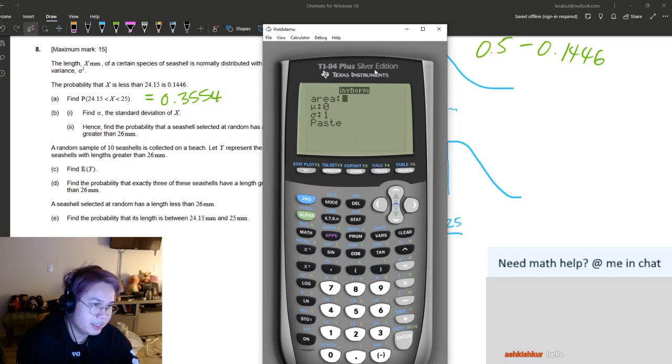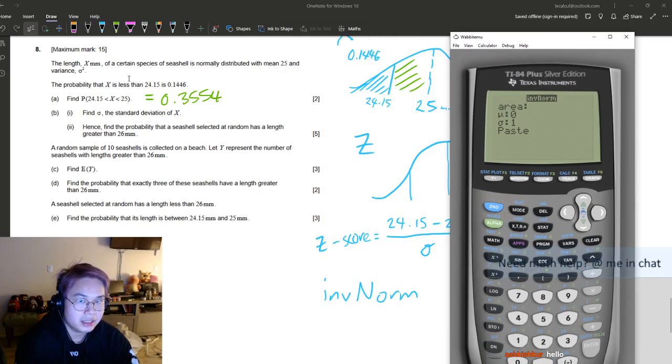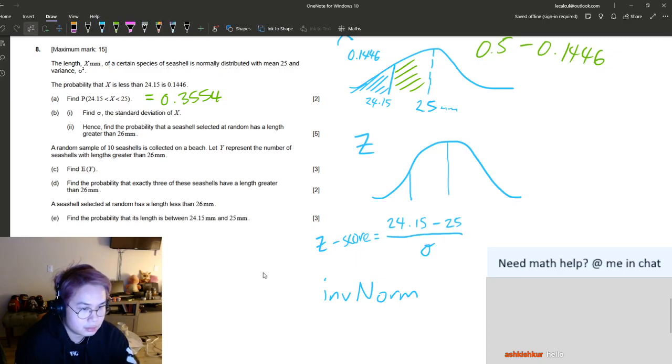If you know what the area is, in other words, the probability, I know that probability was 0.1446. And because this is standardized, we use the mean of 0 and the standard deviation of 1. This is going to give me the z-score, which is negative 1.06. So we know that the z-score is negative 1.06.